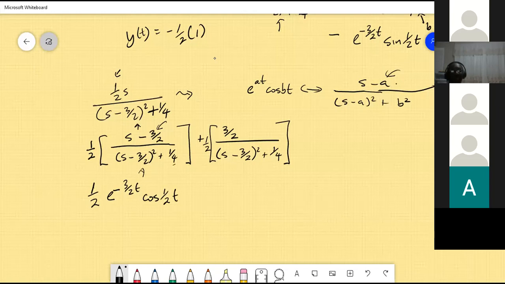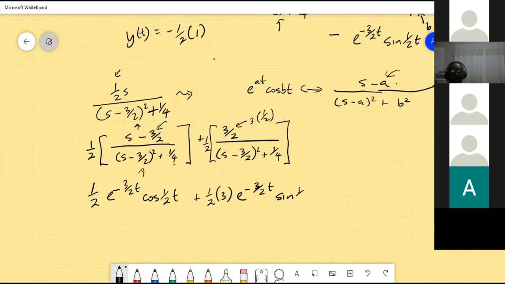Fine. But now this is going to be plus a half, and remember, up here this is 3 halves, 3 over 2 is 3 halves. So we're going to say it's 3 times e to the minus 3 over 2 t sine half t.